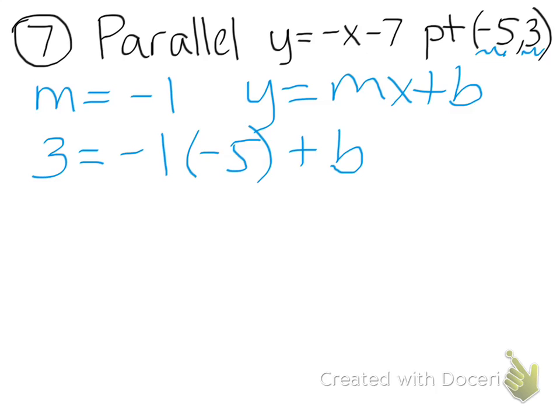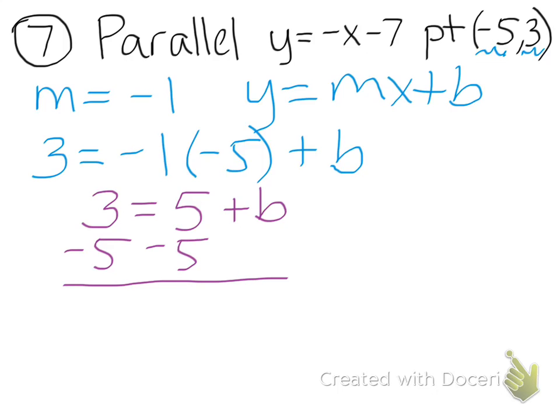So -1 times a -5 is a +5 plus b, and that's all equal to 3. Subtract 5 from both sides, and we get b is equal to a -2, and then we write our equation. So it's going to be y is equal to a -1x, or you could have just written -x minus 2.